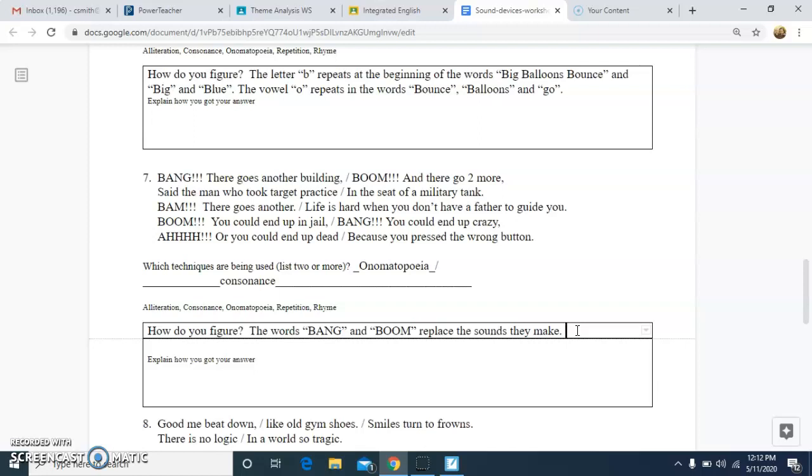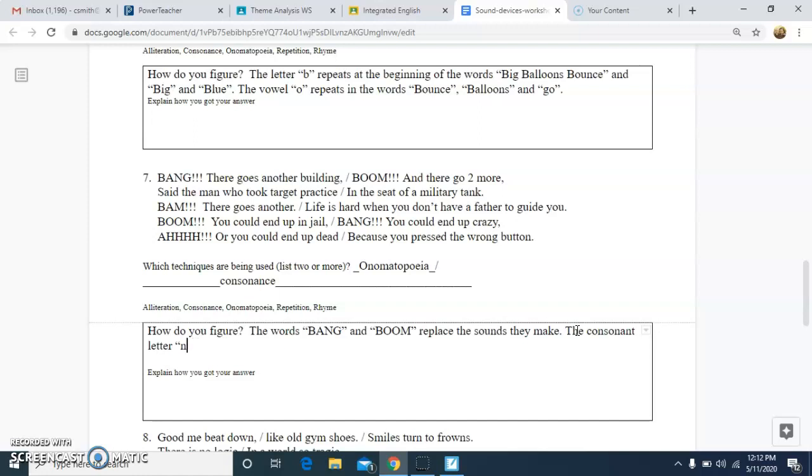So when I look at this, I see one letter, the consonant letter N, repeats in the words another, tank, win, and button. Again, may not be all of them, but you can see the pattern.